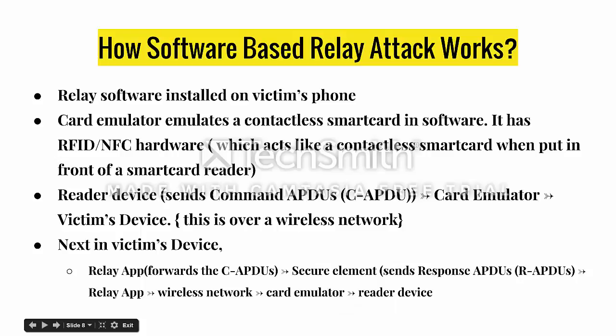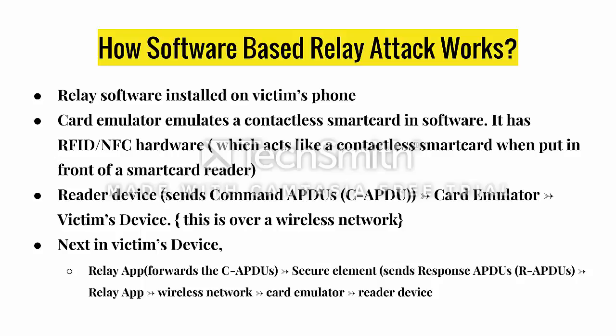Command APDUs or CAPDUs received from the reader device are routed through the card emulator and over a wireless network, say cellular, Wi-Fi, Bluetooth, to the victim's device. There, the relay app forwards the CAPDUs to the secure element.